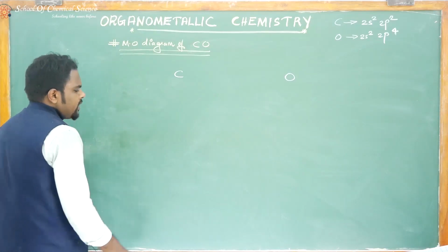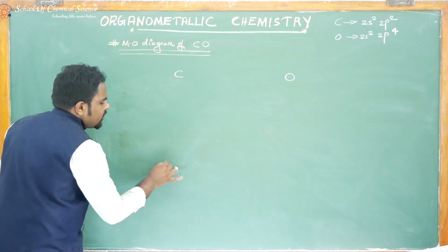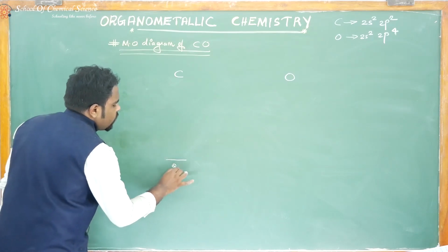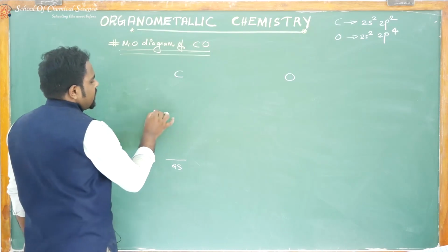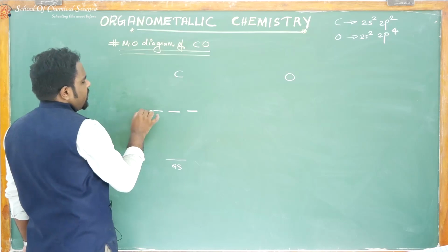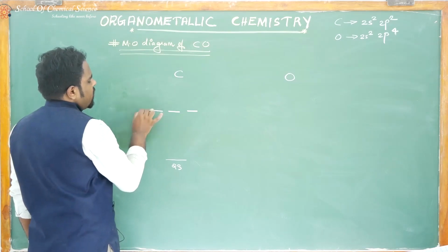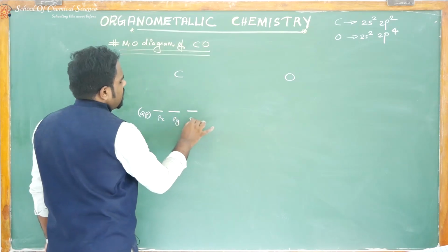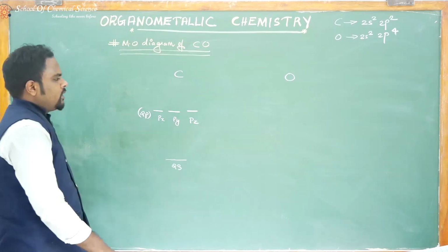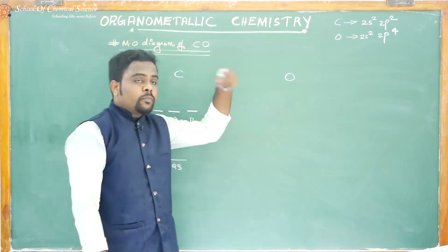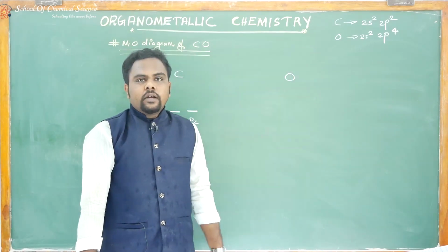The atomic orbitals of carbon are the 2s orbital and the 2p orbitals. 2p means px, py and pz.